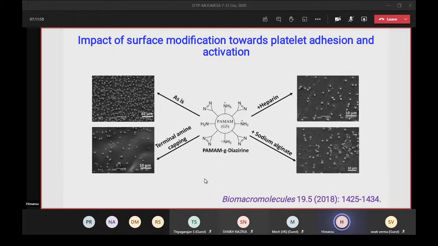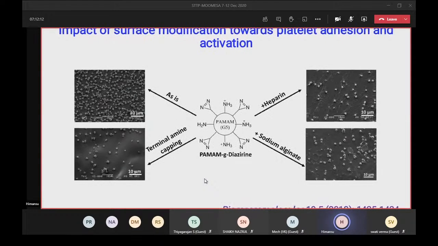The three tuned surfaces are heparin capping, sodium alginate capping, and terminal amine capping. What you see here is the natural one: lots of platelets adhered over the substrate having lots of amine groups. When the amine group is minimized by adding these capping agents, we could immediately avoid a lot of platelet adhesion.